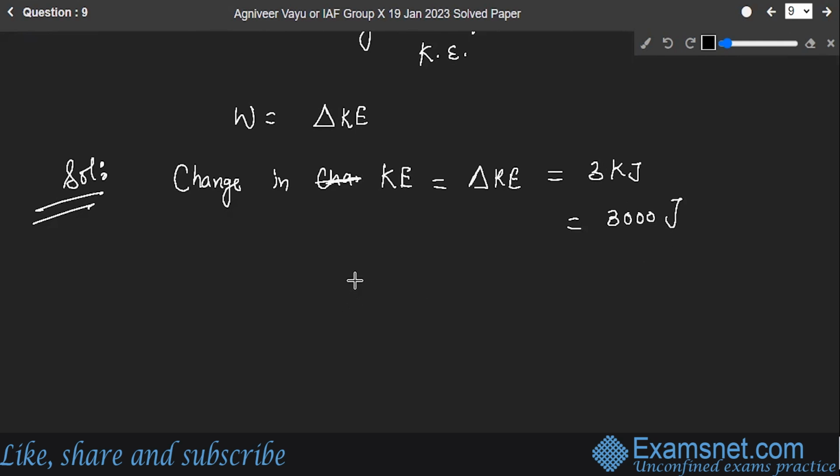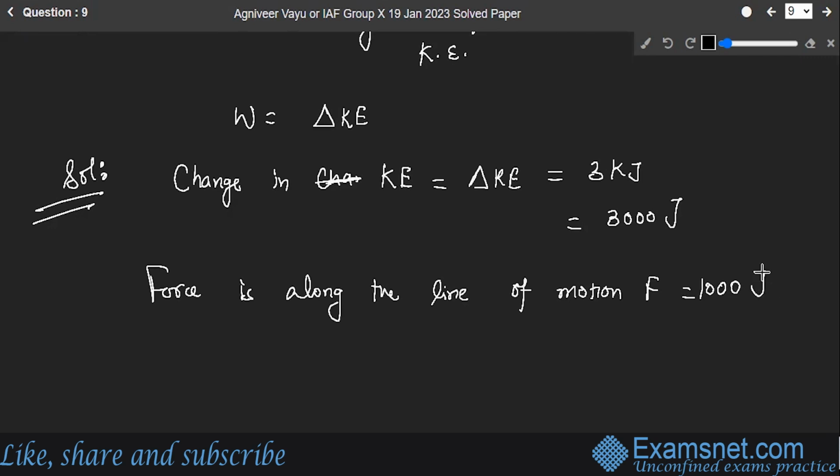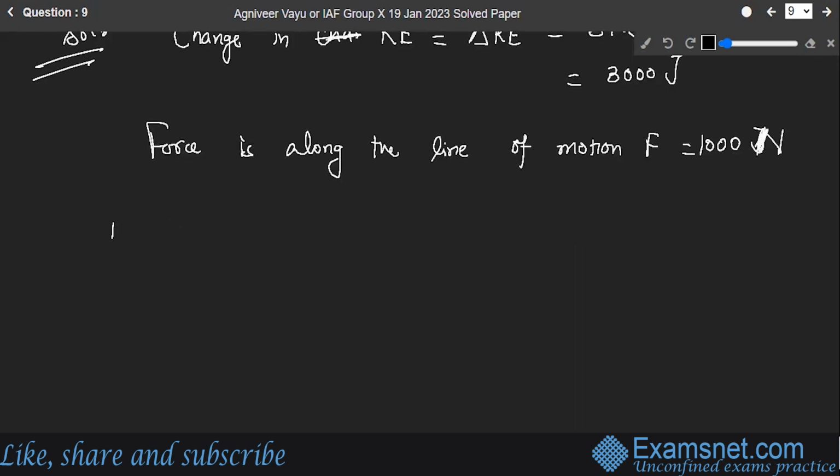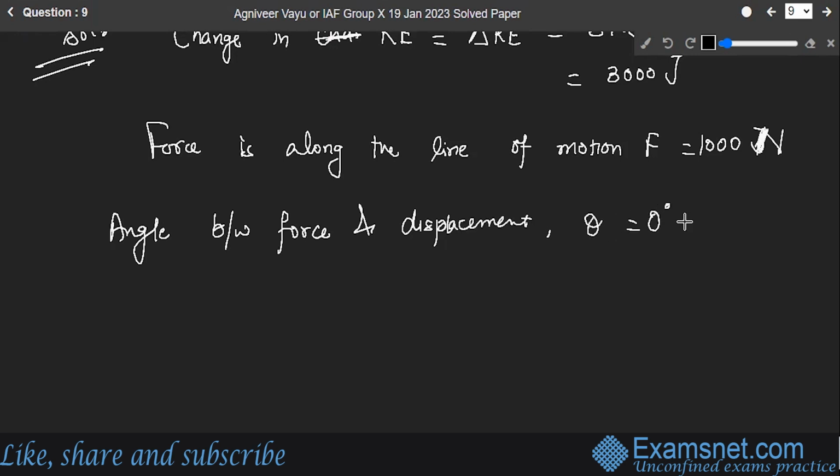Force is along the line of motion, F is 1000 Newton. And the angle between the force and displacement, because it's acting in the line of motion, so theta is equal to 0 degree.